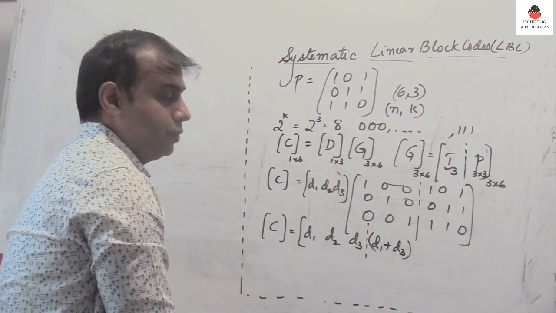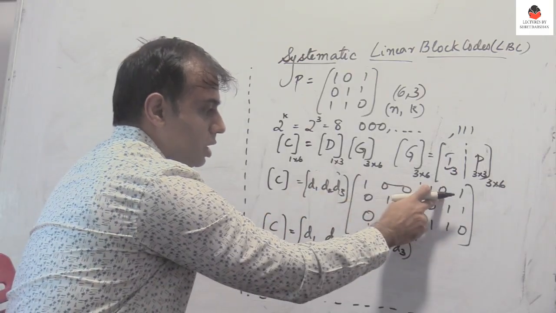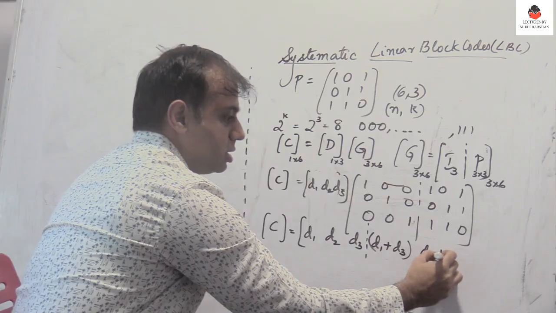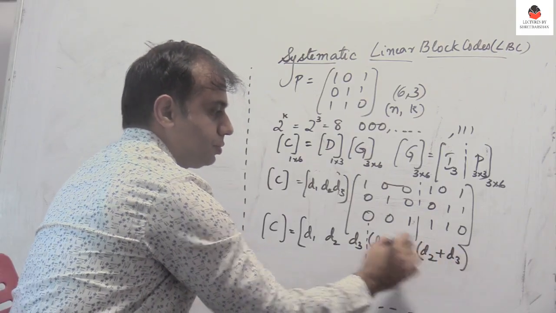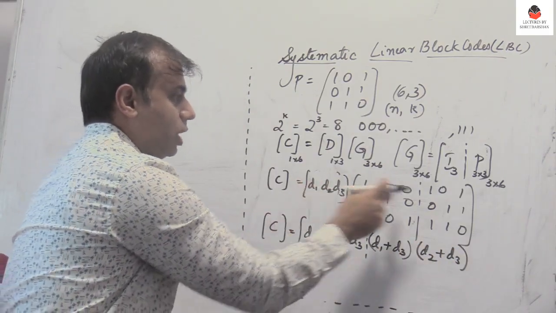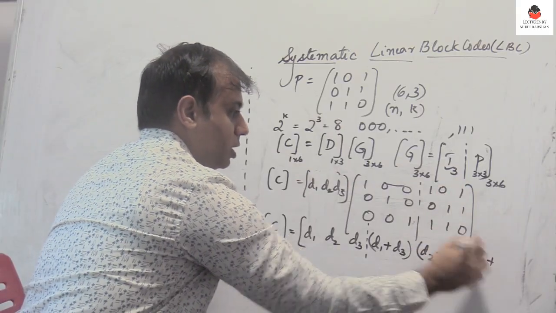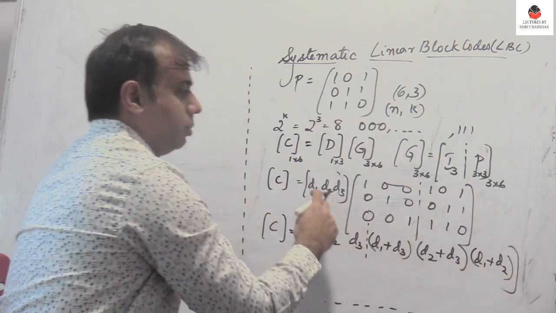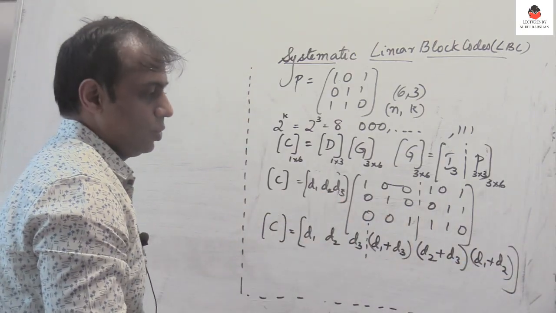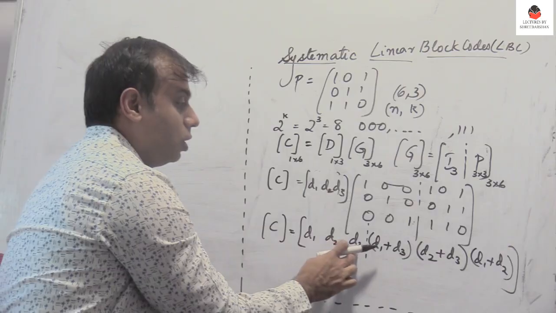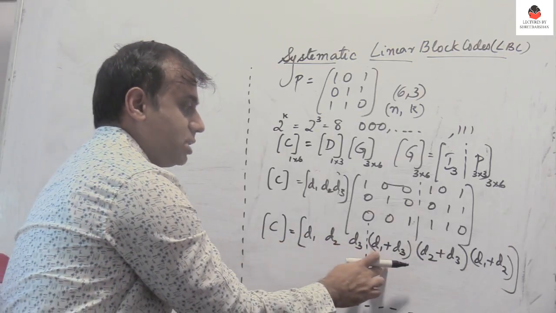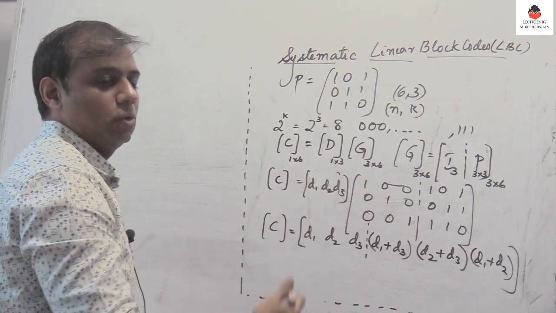Then the fifth bit would be D1 into 0 plus D2 plus D3. And the sixth bit would be D1 into 1 plus D2 into 1 plus D3 into 0. So you would get 0 here. So I get all the 6 bits of the code word. Using this, I can easily generate all the code words.